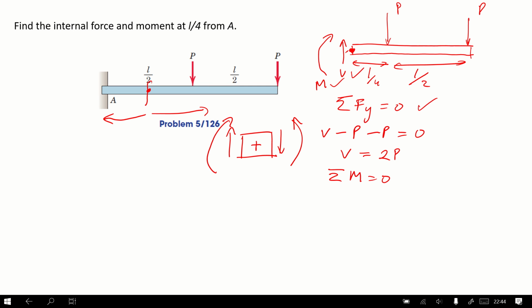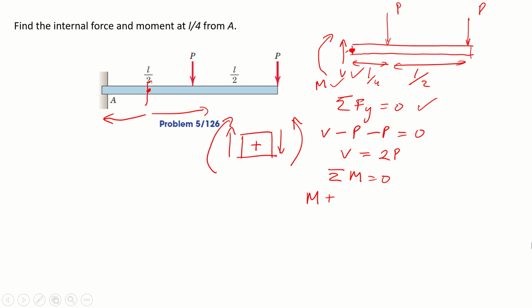In that case, we have moment M plus P multiplied by L per 4 plus P multiplied by 3L per 4, because L per 2 plus L per 4 is 3L per 4, and it's equal to 0.